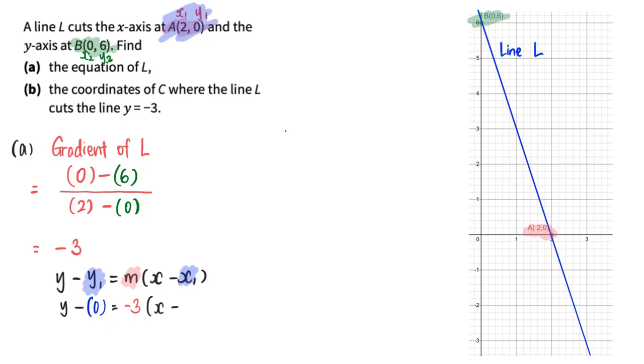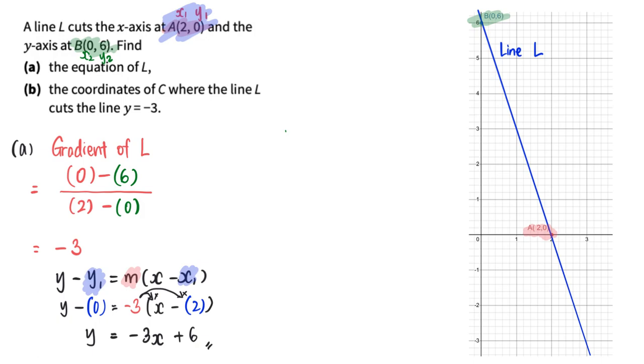Continuing to simplify, I will have y equals, y minus 0 is y, negative 3 times x is negative 3x, negative 3 times negative 2 is positive 6. And that will be the equation of this line.